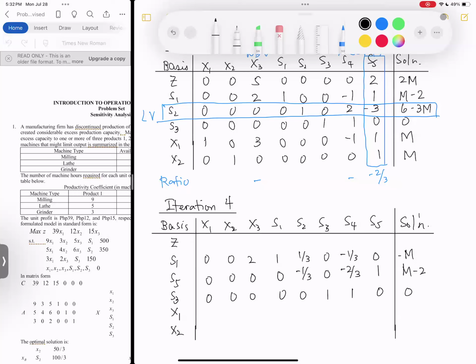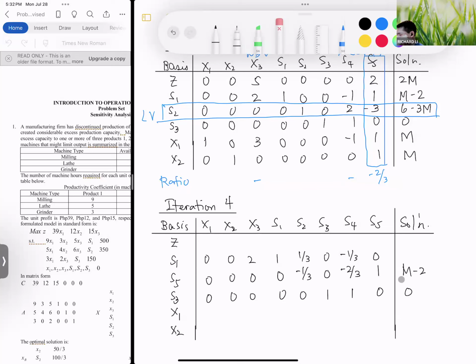Wait a moment. So this is 1. And then you multiply this by -2. -2 plus 2 is 0. This is -2m plus 2m should be 0. So it should be 4, right? Because you have to multiply this row by -2 so that this cancels out with the positive 2 here, right?